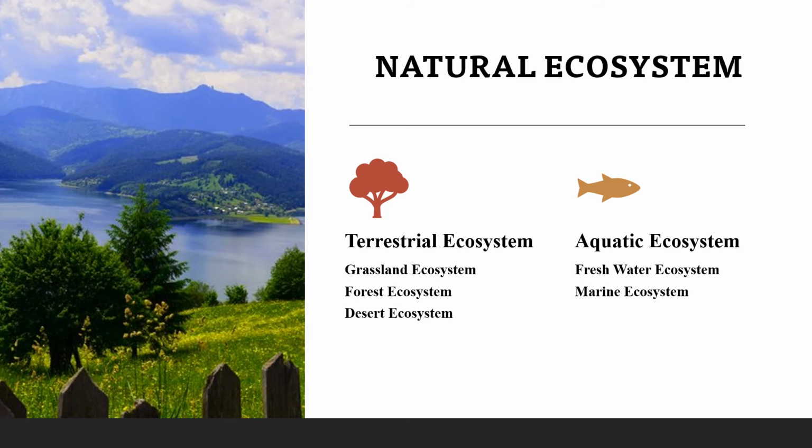And another one is standing water ecosystem such as pond, lake, and well. In marine ecosystem, the examples are sea, seashores, and land along the edges of the sea. All this comprises marine ecosystem. So these were the two types of natural ecosystem: the first one is terrestrial and the other one is the aquatic ecosystem.